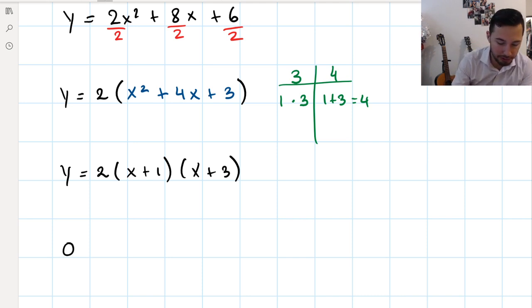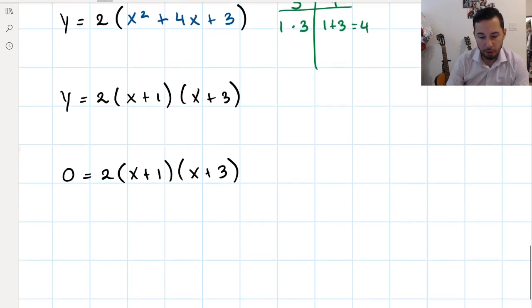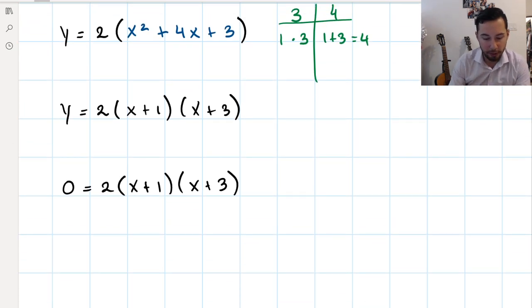So this is going to be 0 is equal to 2 times x plus 1 times x plus 3. In order for me to get 0, either x plus 1 has to be 0, x plus 3 has to be 0, or both of them have to be zeros. So I want to know which values of these cause my y to be 0.